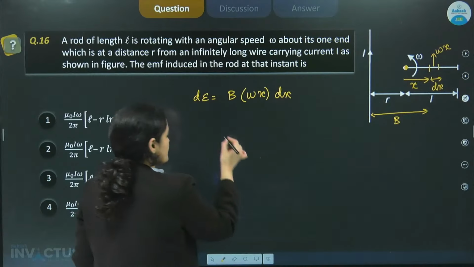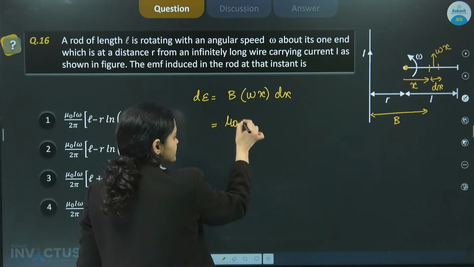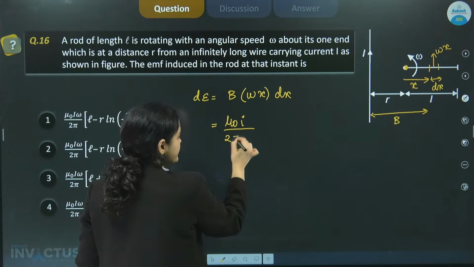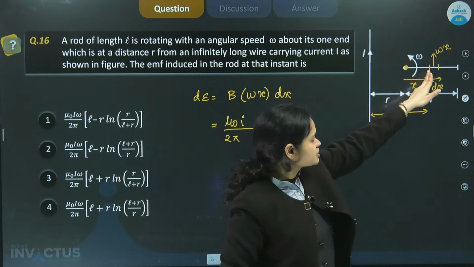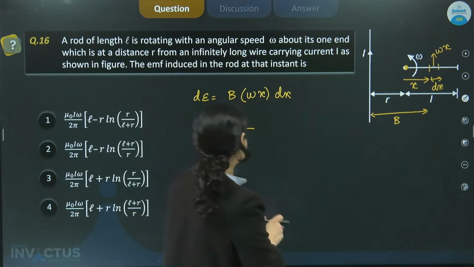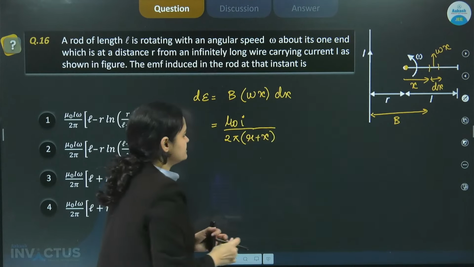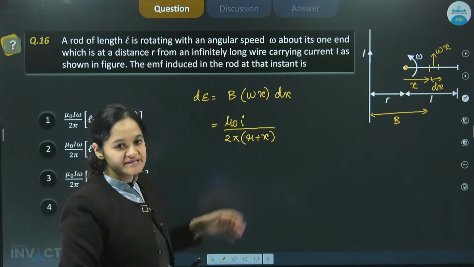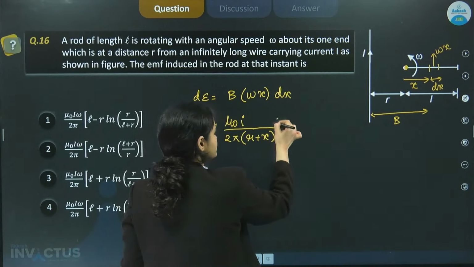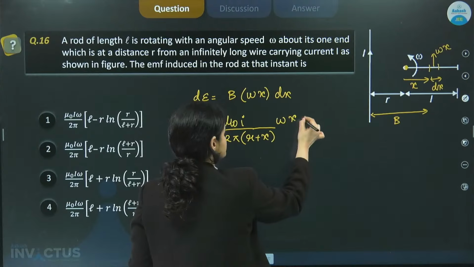Alright. Now B की value हो जाएगी mu naught into I divided by 2 pi इस जगह पे B चाहिए, that is r plus x distance. Due to a long infinitely long wire, we get this as the magnetic field into omega into x into dx.